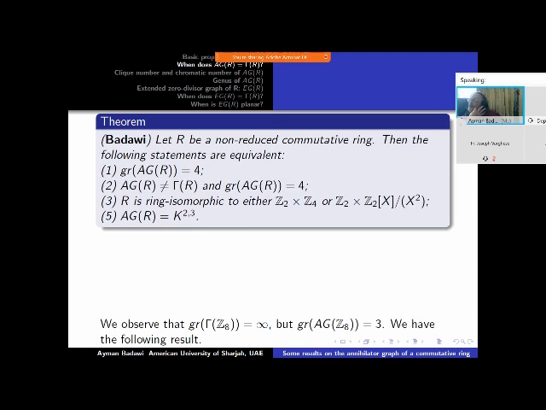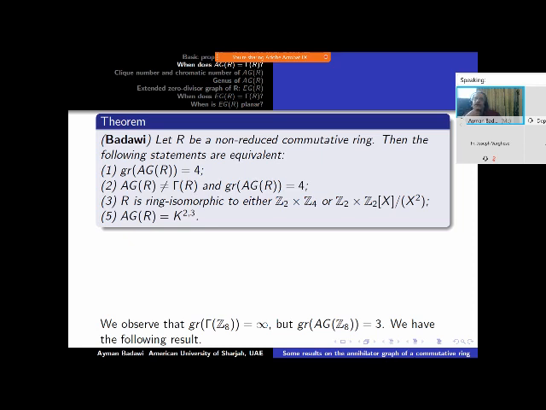Non-reduced means the ring has at least one non-trivial nilpotent element. So there is some element different from 0, let's call it a, where a to the n is equal to 0. The girth is 4. R is a ring.